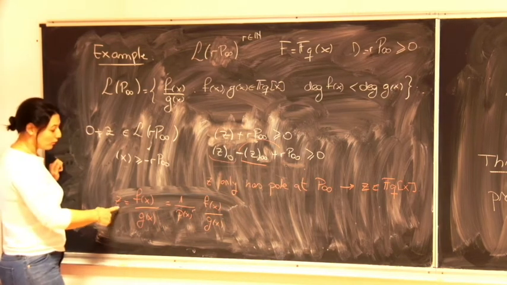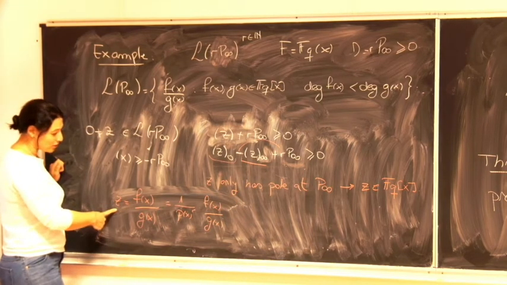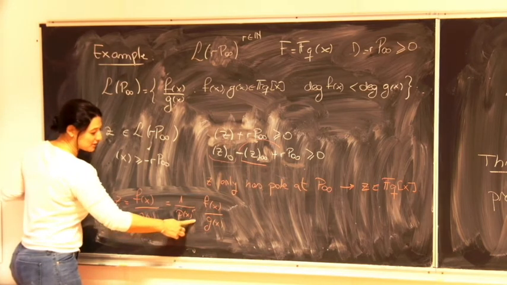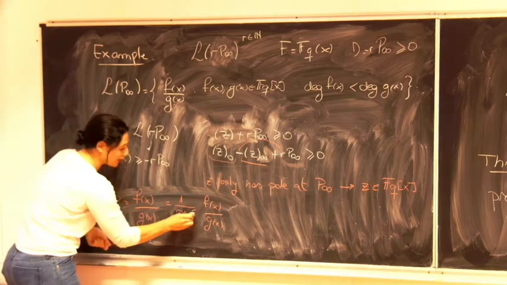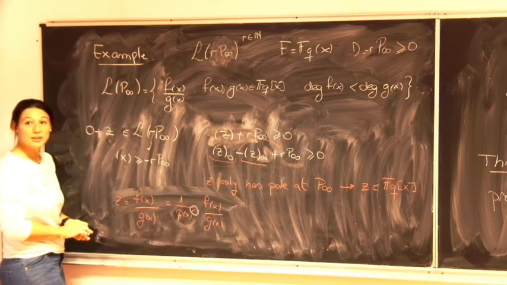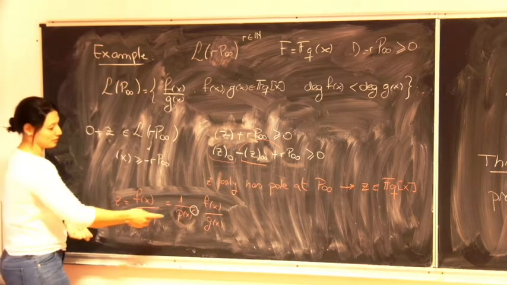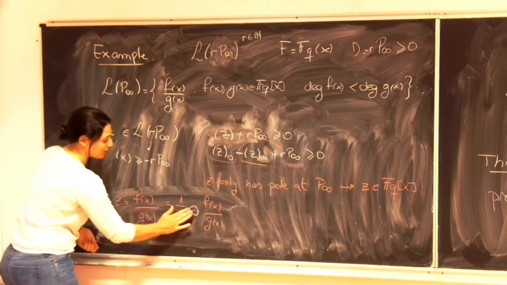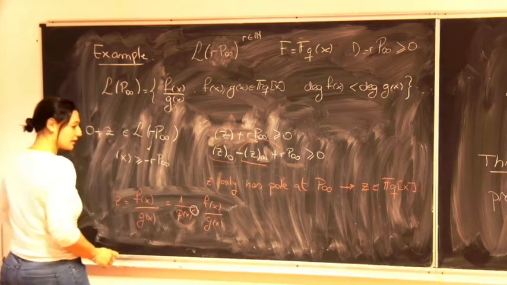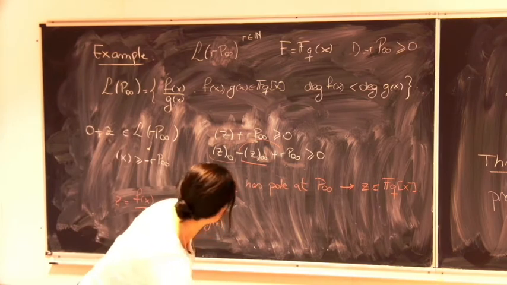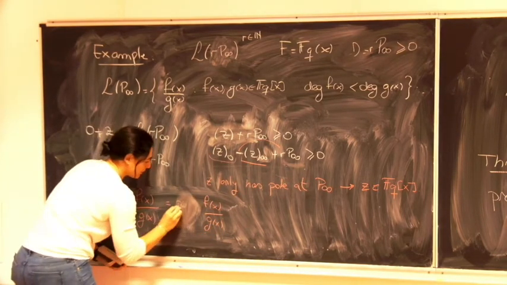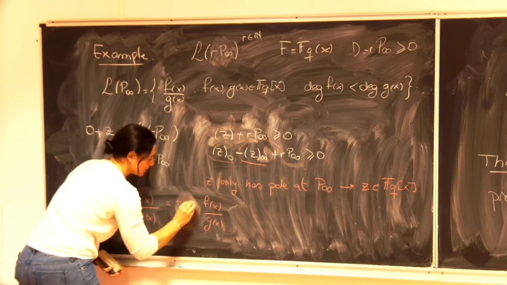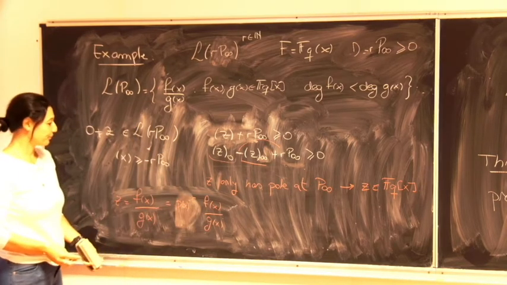And so we know that the valuation at the place associated to this monic and irreducible polynomial is going to be minus this value, because if r is a positive element, I can write this as p of x to the minus r.